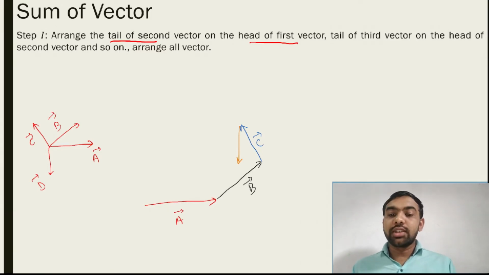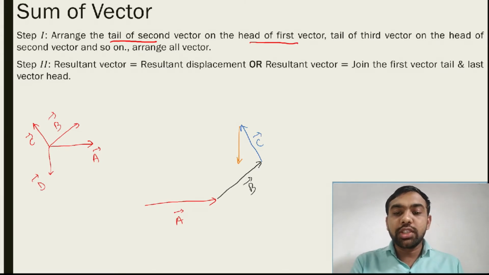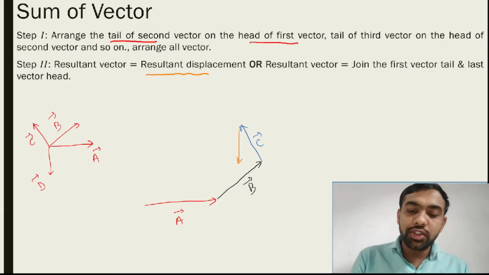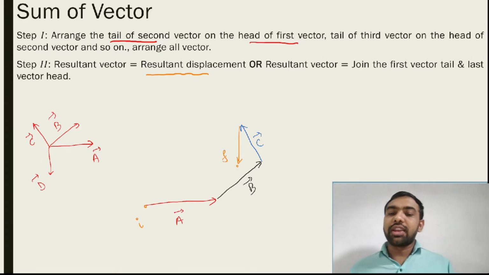Now what is the resultant? Step number 2: the resultant vector is the resultant displacement. This point is the initial point and this point is the final point.